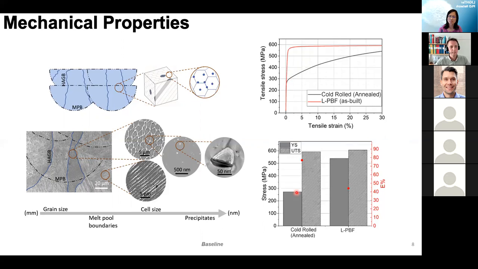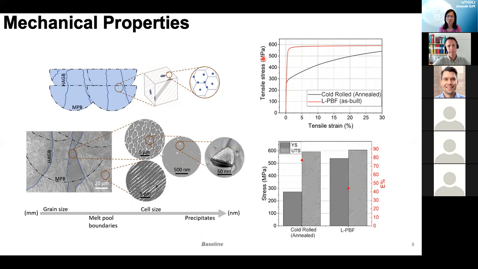As you can see, it's increased quite a lot. Whereas down here, you can see that the UTS value is almost the same, but we have a reduction in elongation instead. So we can create a material that has better or at least comparable mechanical properties to conventional methods.